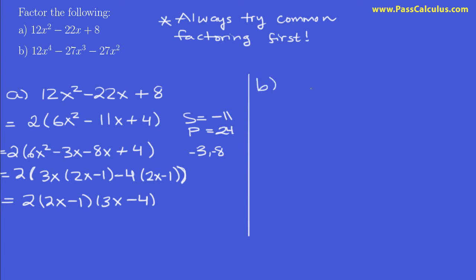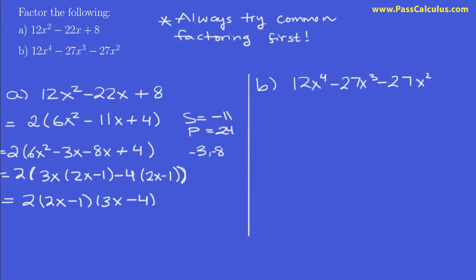We have 12x to the 4 minus 27x cubed minus 27x squared. What's common here? Well, between 12, 27, and 27, we cannot pull out a 2 like we did over here, because 2 does not go into 27. 27 is odd.